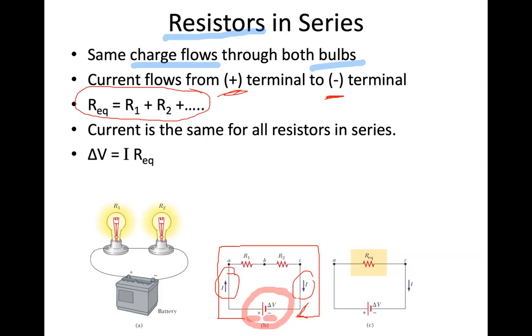In other words, resistor 1 and resistor 2, when placed in series, make the total resistance of the circuit stronger. So if I want larger resistance in my circuit, I'm going to place my resistors in series. And the equivalent resistance is going to be the sum of all the resistors placed into it.